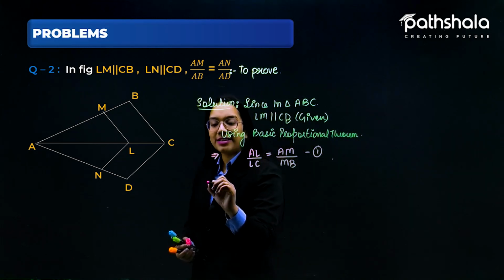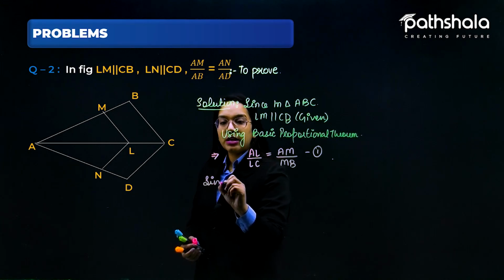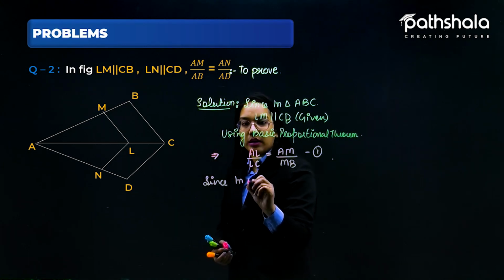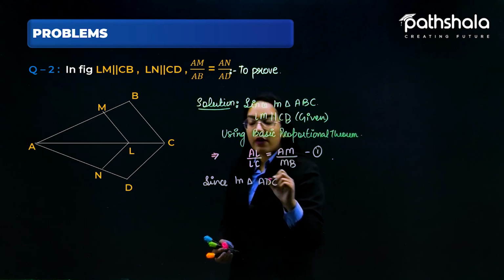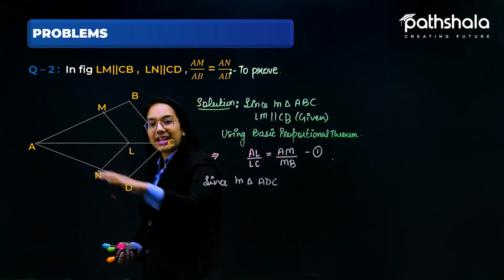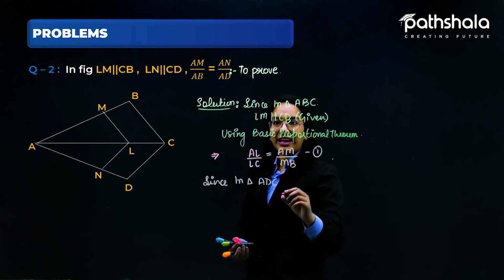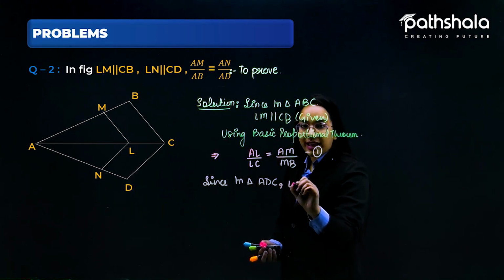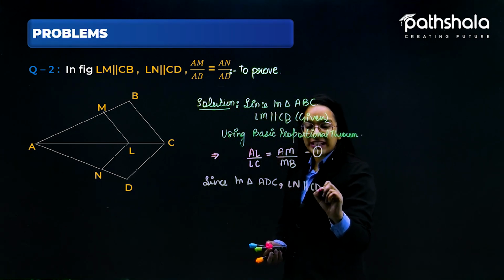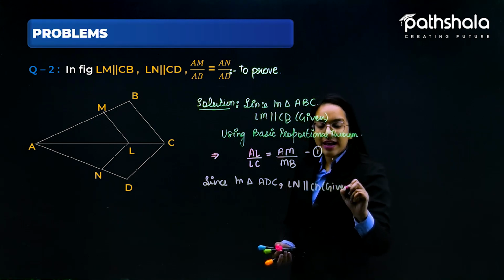Again, since in triangle ADC, now I'm talking about the lower triangle, that is ADC, we know that LN is parallel to CD, as it is given to us.